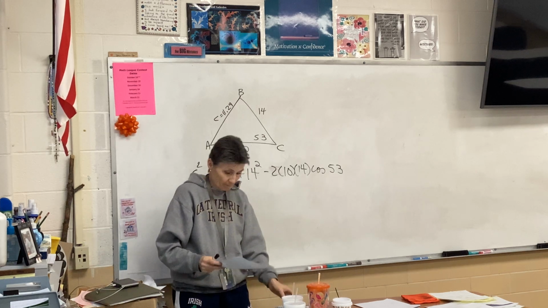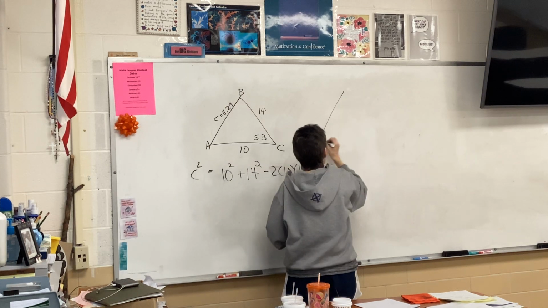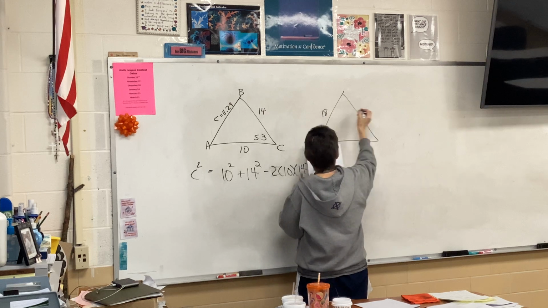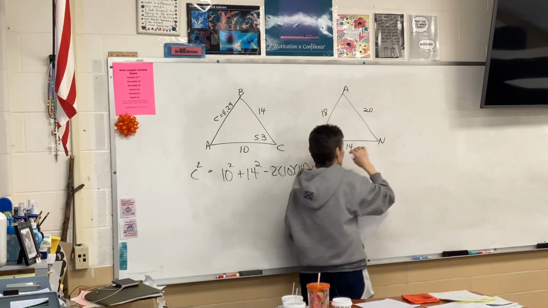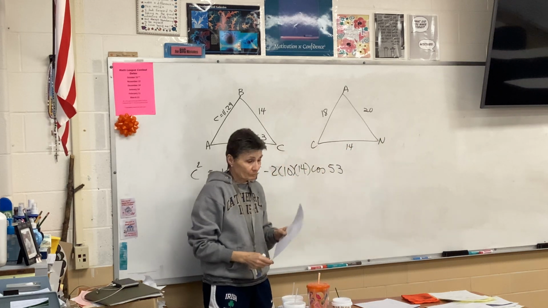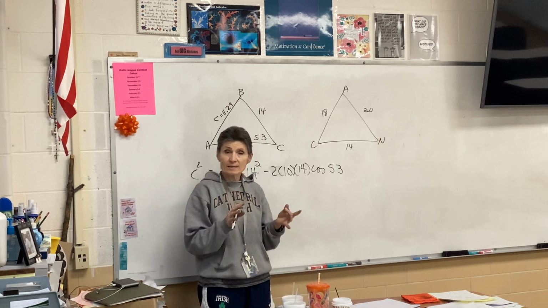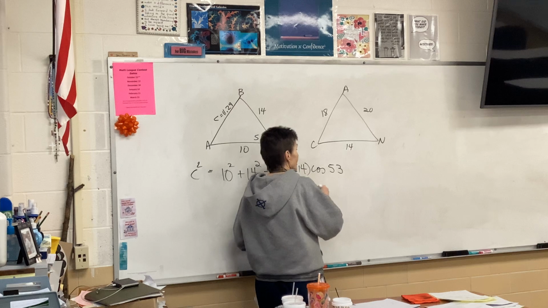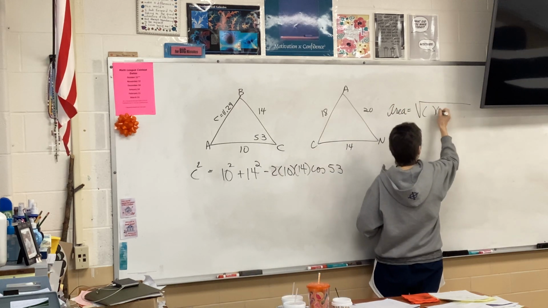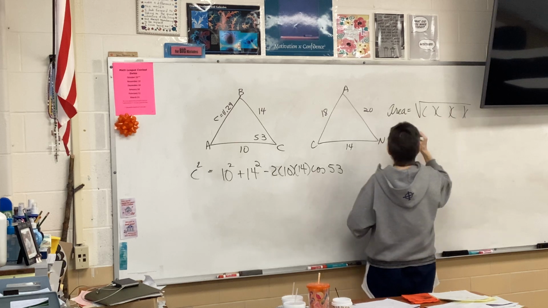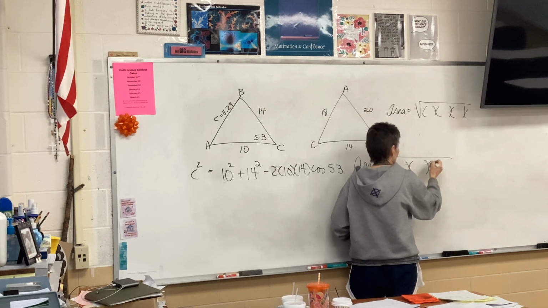Problem 2. This is an area situation. So let's look at the first triangle. We're finding area now. This is actually a really good thing, because I have all three sides. And if I have all three sides, then I can find area using Heron's formula, which is that big long radical with 4 numbers underneath it.